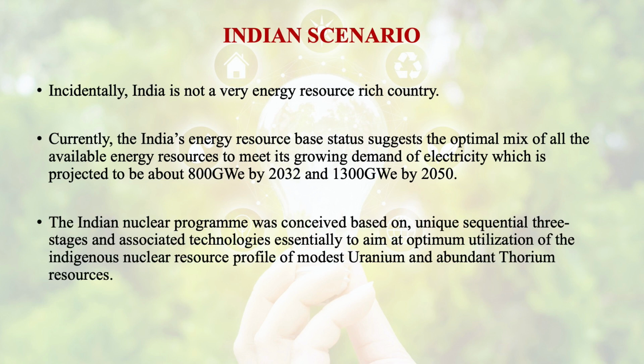The Indian nuclear program was conceived based on a unique sequential three-stage program and associated technologies, essentially to aim at optimum utilization of the indigenous nuclear resource profile of modest uranium and abundant thorium resources.